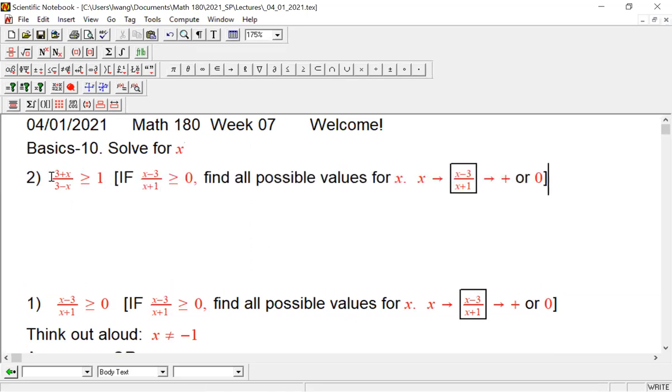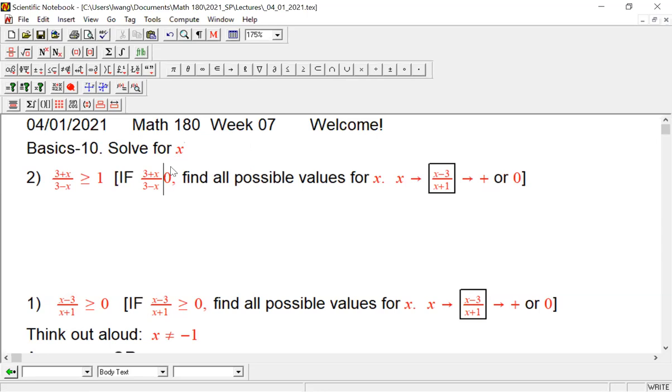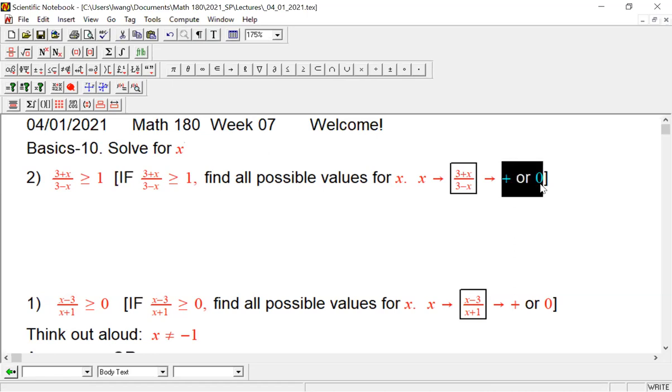Except the function, the rule has changed a little bit. This is greater than or equal to 1. If you look at the perspective, you're going to say, oh, this is going to be that, and we want it to be greater than or equal to 1.